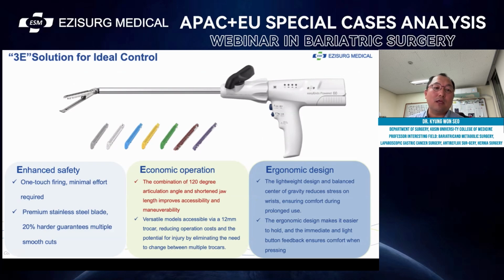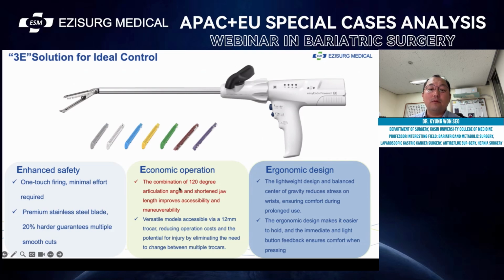To make this procedure, we must have a safe stapler that we can control safely and comfortably. The Ezisurg Endo-powered 60 stapler has 3 solutions for ideal control. The first one is enhanced safety. It has one-touch firing, so it requires minimal effort. The second one is economic operation.